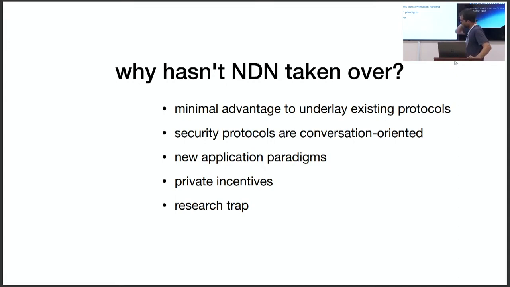More obvious, similar to the protocol layer, to really take advantage of data dissemination, you need new application paradigms. Everybody is a publisher now, right? Conversations are derived through this mutual dance of publication.